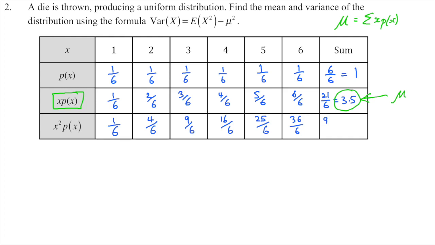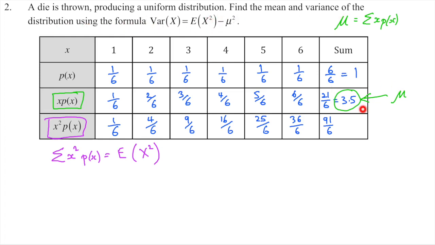They will all add up to 91 over 6. Well, let's actually look at this. What actually is it? That there is the row, and we know that if you sum the x squared p of x row, that will be equal to the expected value of x squared. Now, the question says, find the mean and variance of the distribution using this formula.